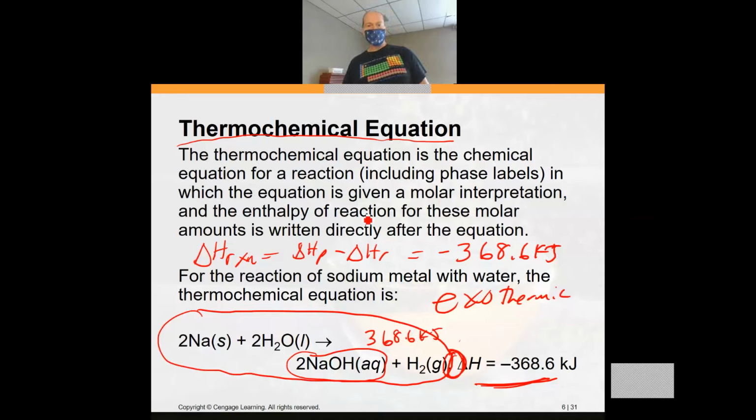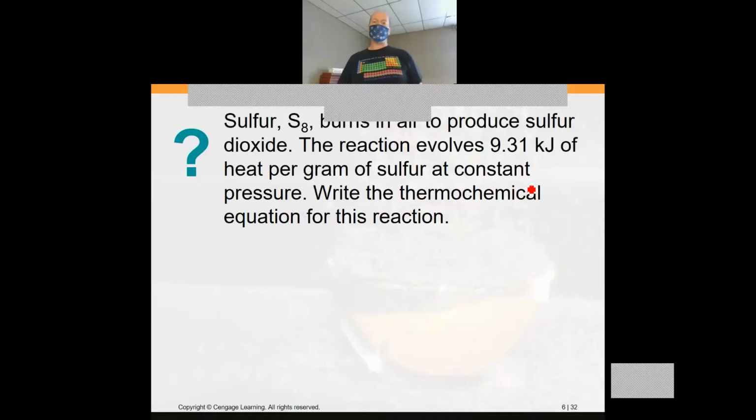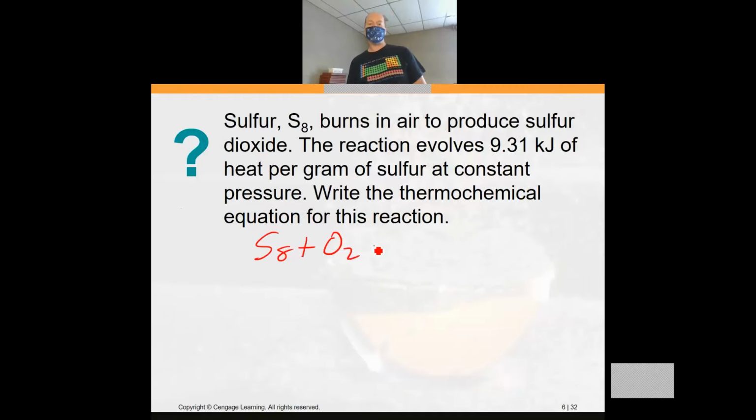Again, to get these numbers, we need a table. We need table 6.1 or 2. Should be coming up real soon. Sulfur burns in air to produce sulfur dioxide, S8 burns in air to give SO2.